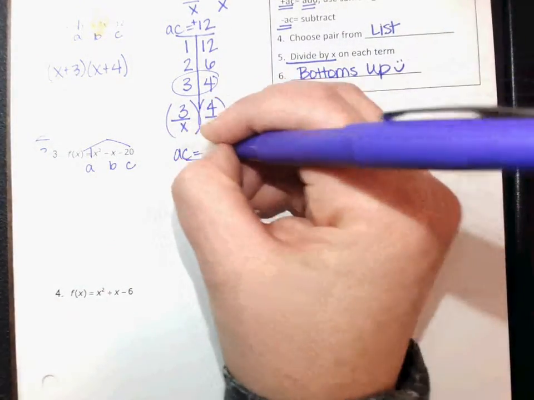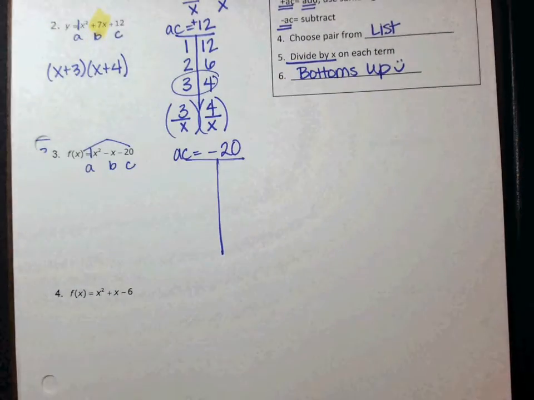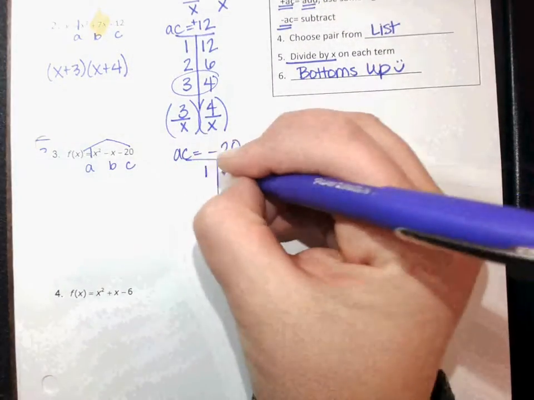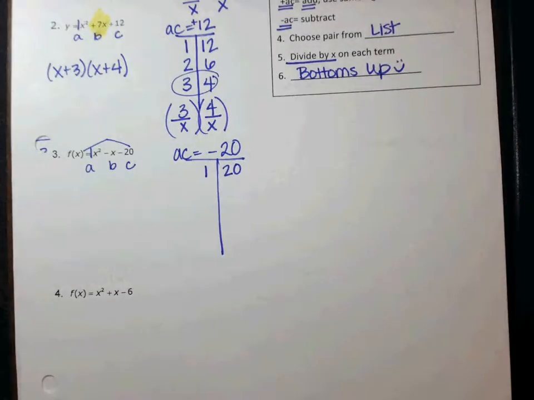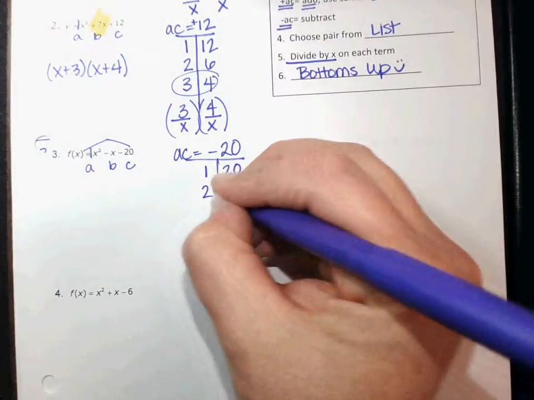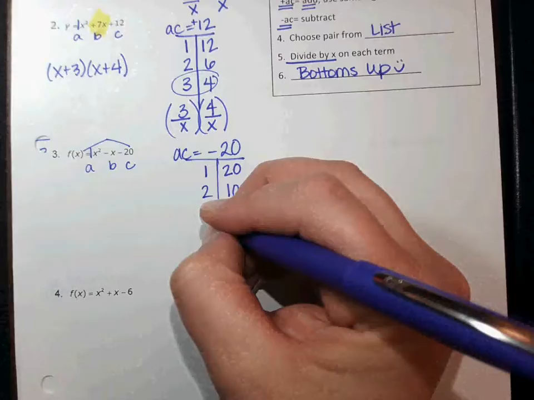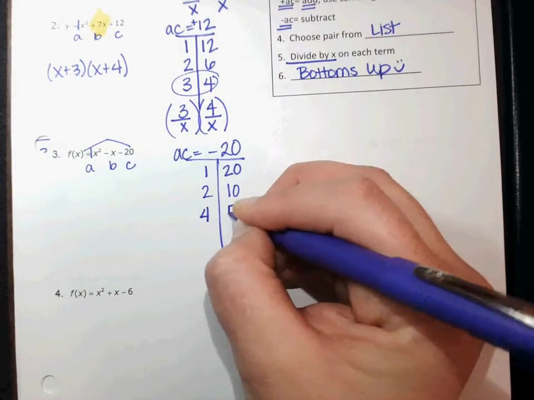Good. AC is negative 20. Let's list all the factors of 20. Don't worry about the negative right now. Start with 1. 1 times what? 1 times 20. We're going to ignore the negative right now. 2 times what? 2 times 10. Can 3 divide into 20? What about 4? 4 times 5.